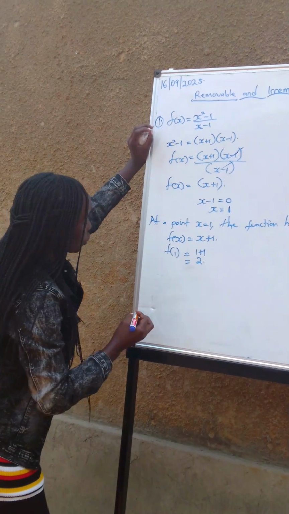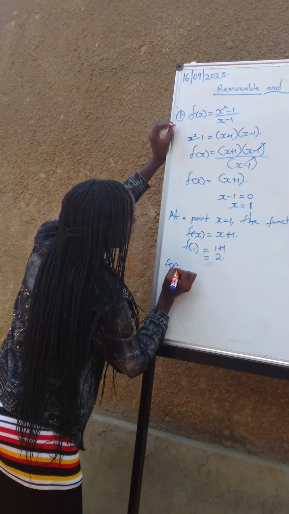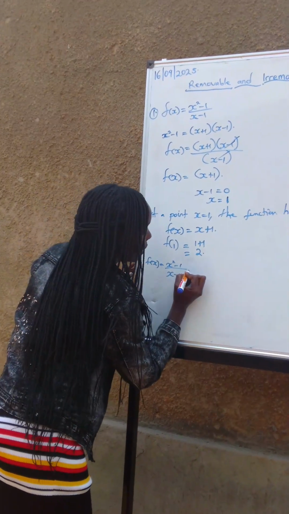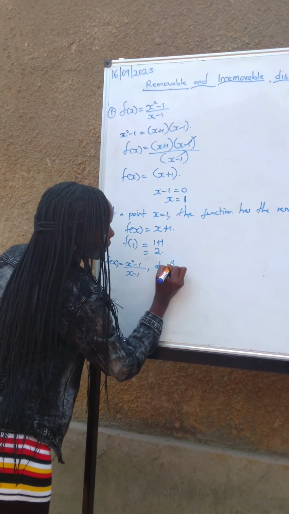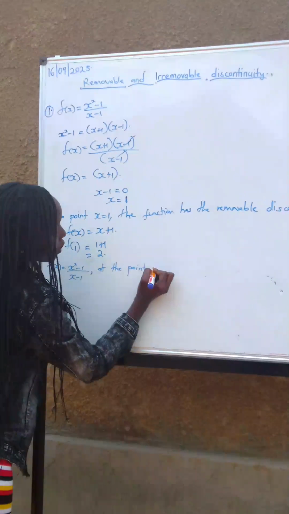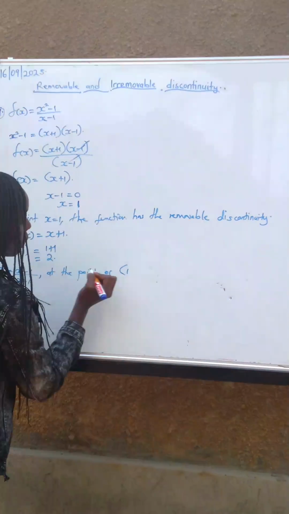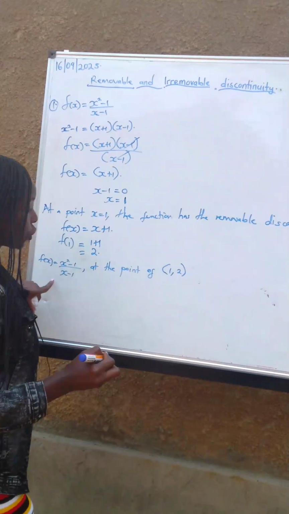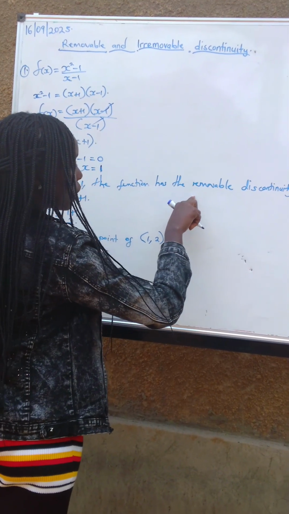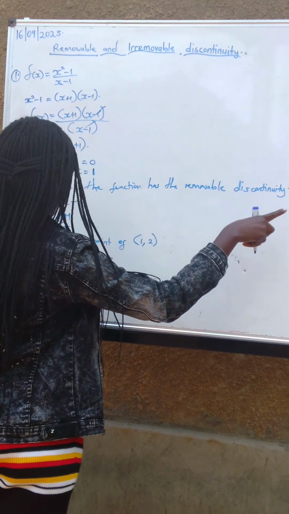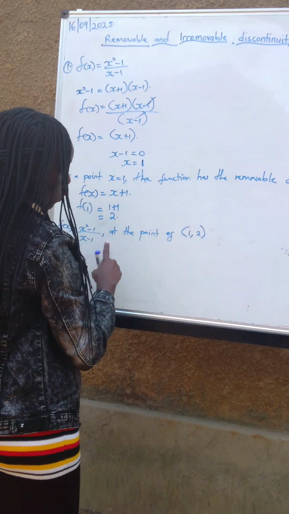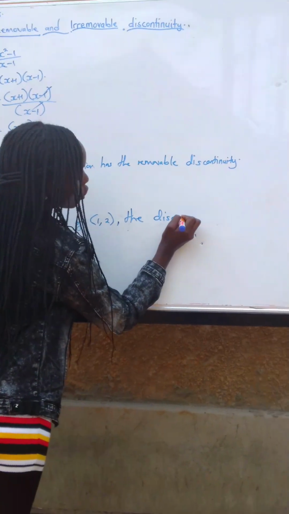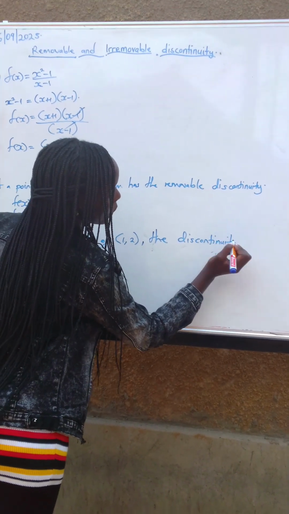That means this same function, f of x equal to x squared minus 1 over x minus 1, at the point 1 with 1 as our x value and 2 as our y value, no longer has the discontinuity.